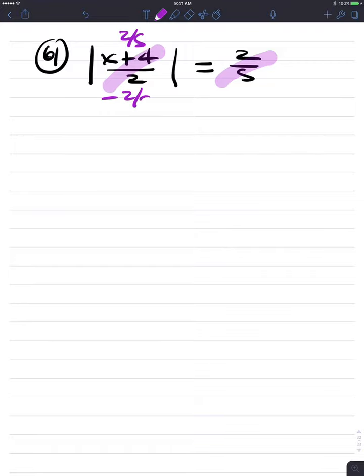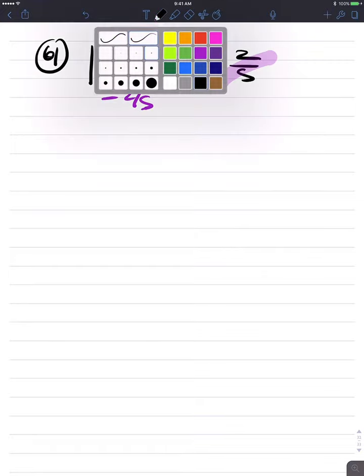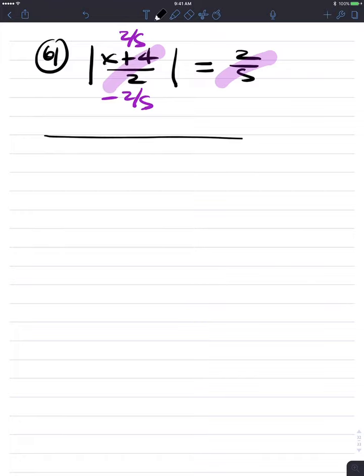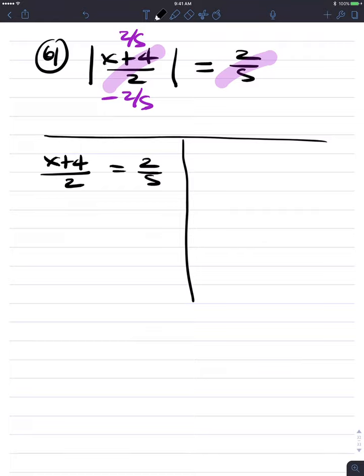The other case, the fraction is a negative 2/5, because both of these numbers in absolute value are positive 2/5. So I have x plus 4 over 2 is 2/5, or x plus 4 over 2 is negative 2/5.